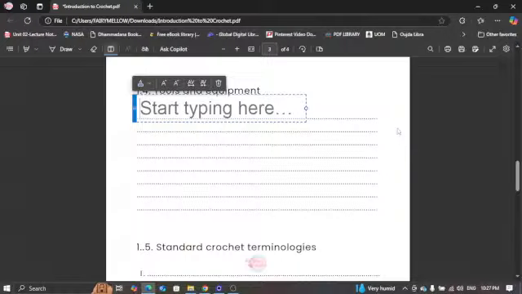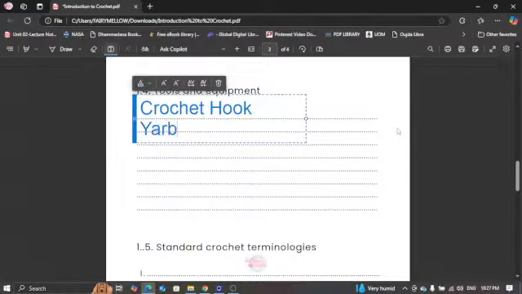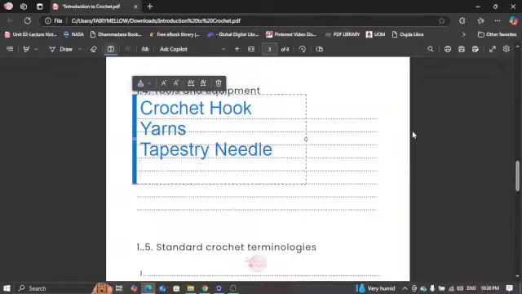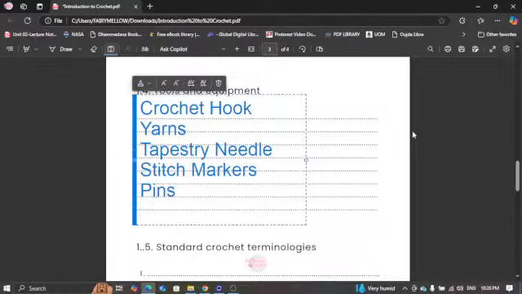First tool is crochet hook. Then yarns. Then tapestry needle. Stitch markers. Pins. Tape. Scissors.